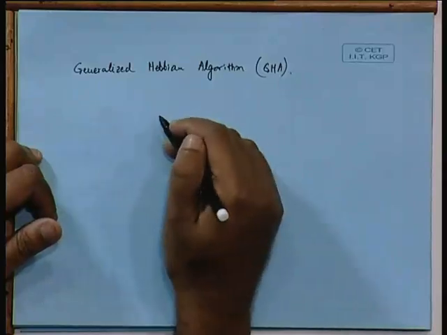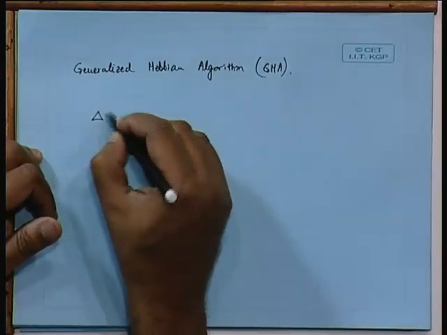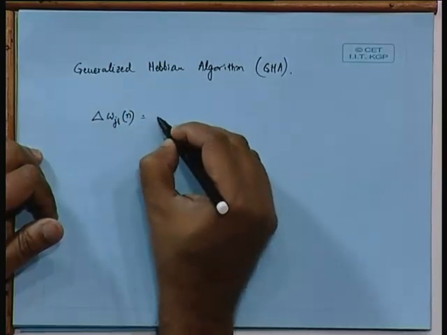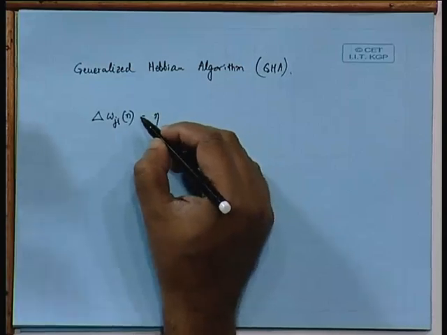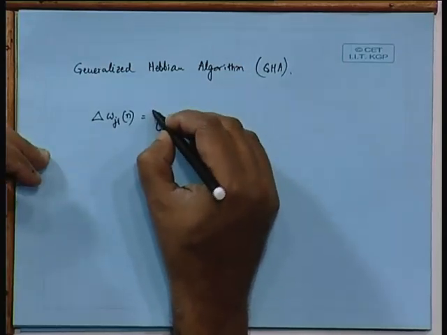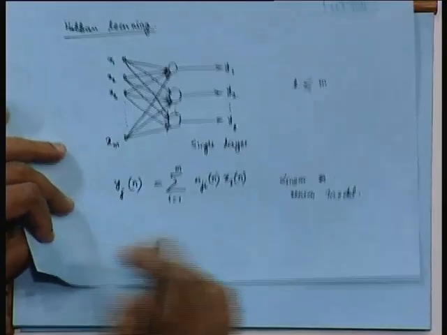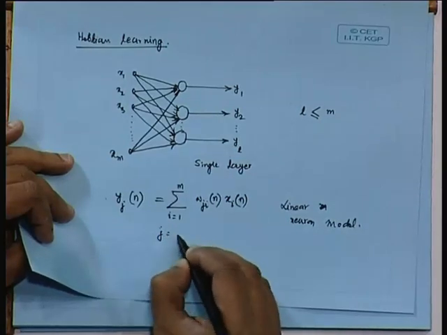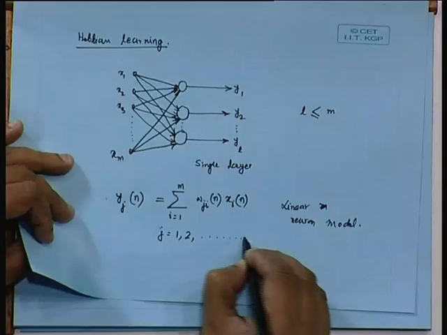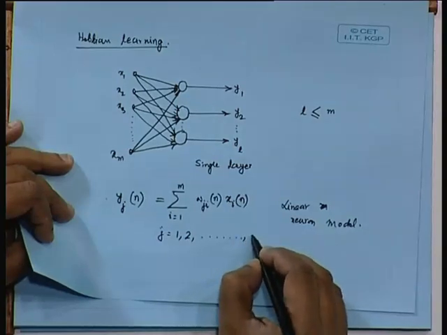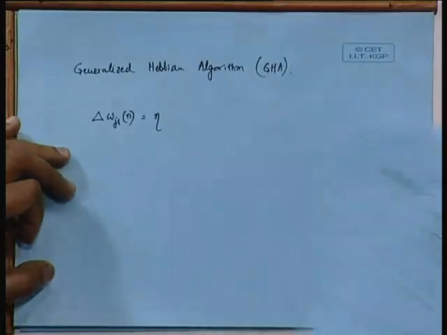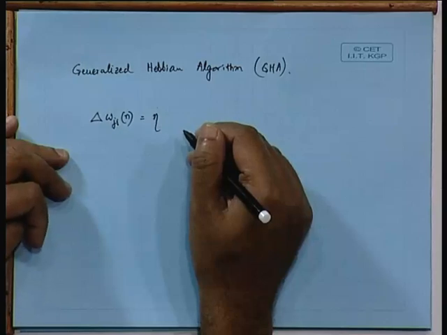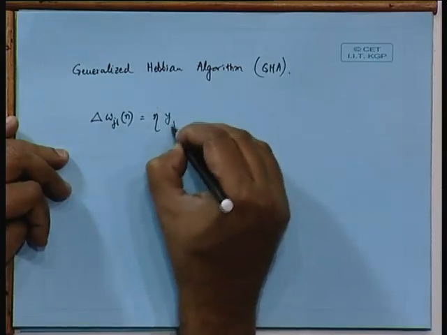So, according to the generalized Hebbian algorithm, the change of weight, that is delta wji for the iteration n, would be written as eta, eta being the learning rate, multiplied by, I mean for the sake of completion we should have written down here that this neuron model should be followed for all the j's, that is for j equal to 1, 2 up to L, because here there are L. And in this case the equation that we are going to write will be equal to eta times yj(n).